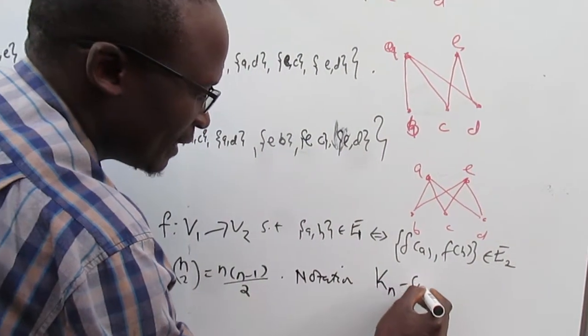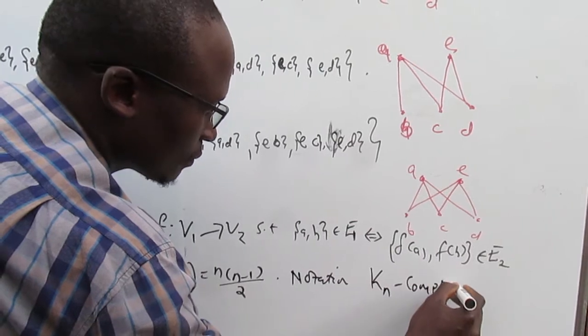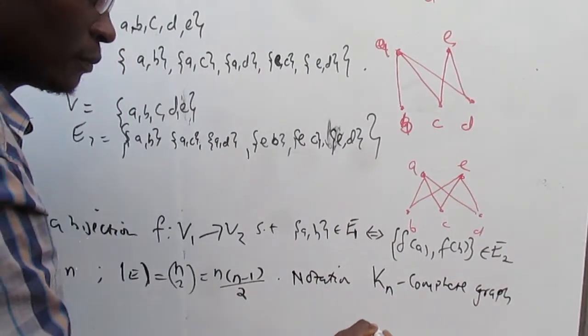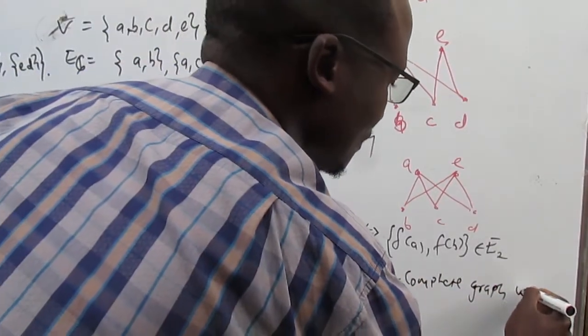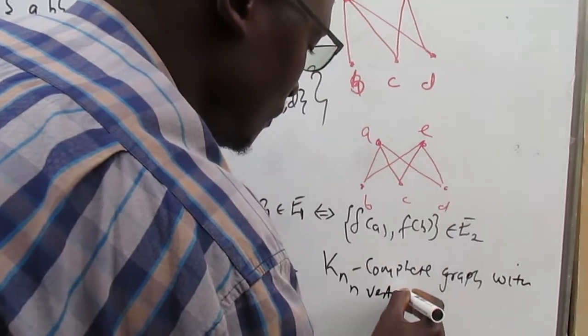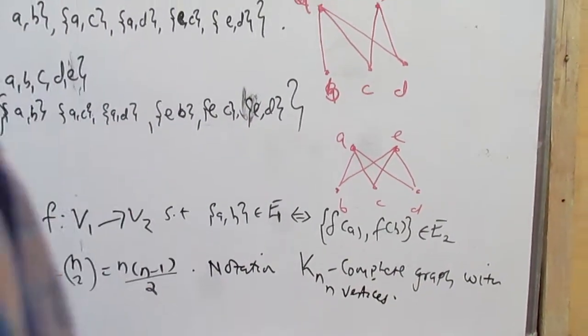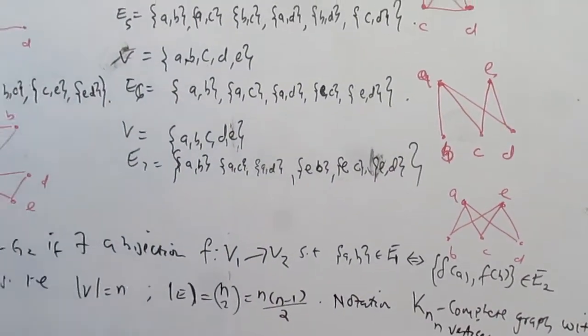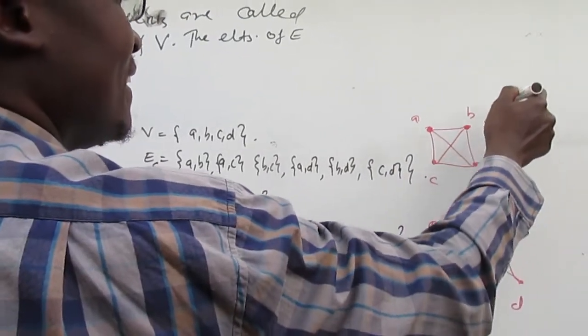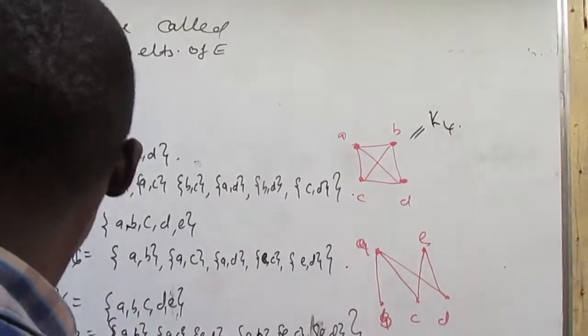So this is a complete graph with n vertices. As an example, this graph here is a complete graph with 4 vertices, so this is K4.